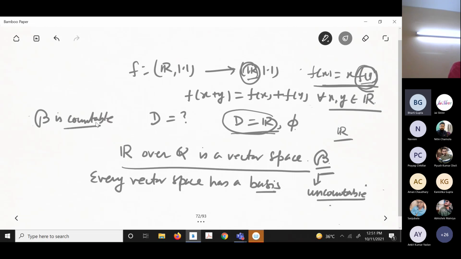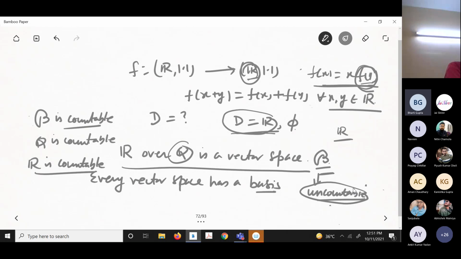Even if you check countable infinite: if B is countable, then since Q is countable, the way you have proved the set of algebraic numbers is countable, you can prove that R has to be countable. So a contradiction you are getting. So it has to be uncountable. By using this fact, you can attack this thing.